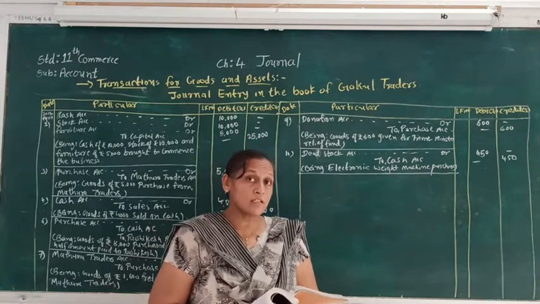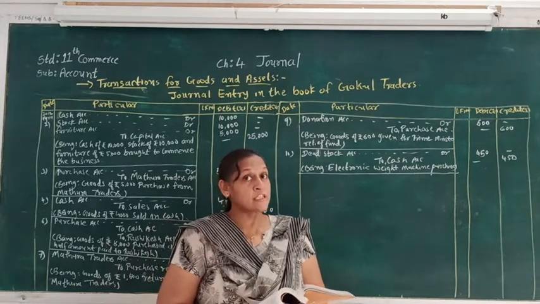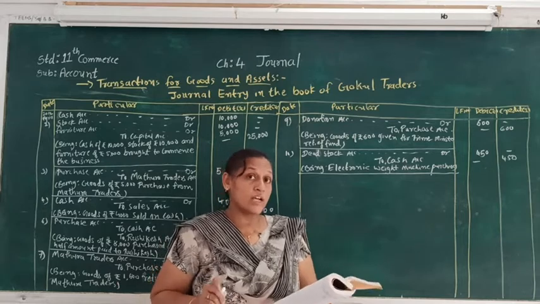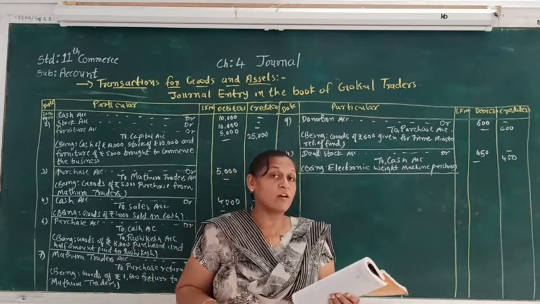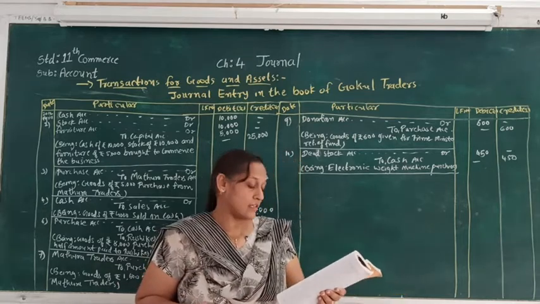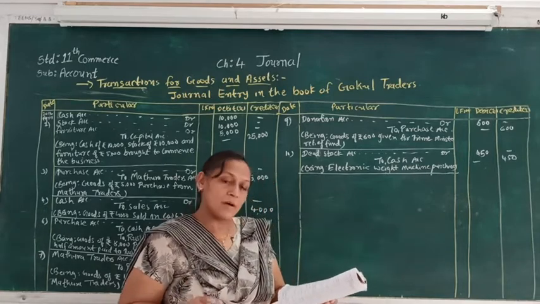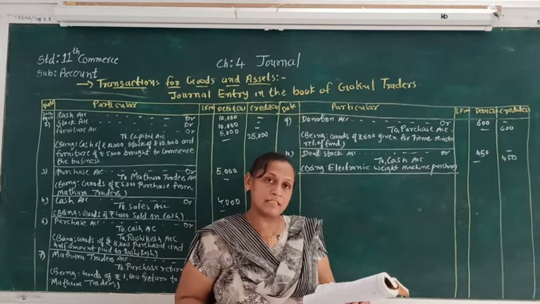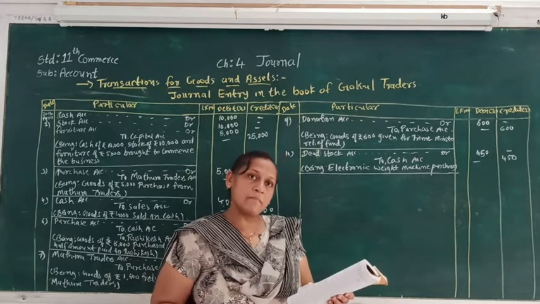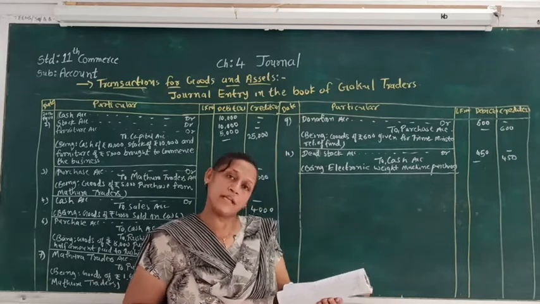So 2% of 3,000 will be 60 rupees. So here we are going to pass the journal entry of 3,060. Shares of Barsa Limited are coming into the business, so that account is going to be debited and bank account is going to be credited.